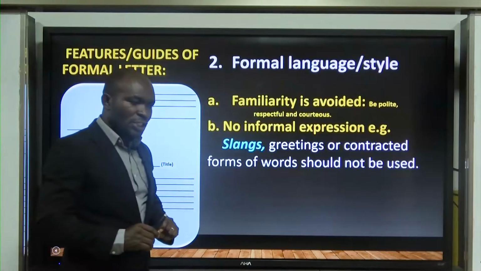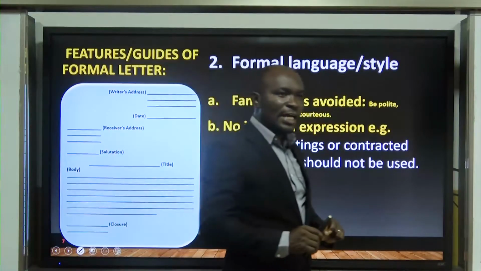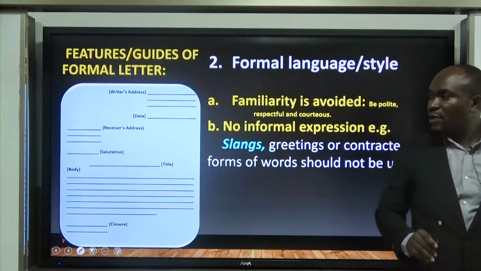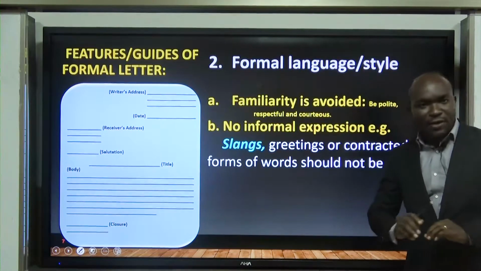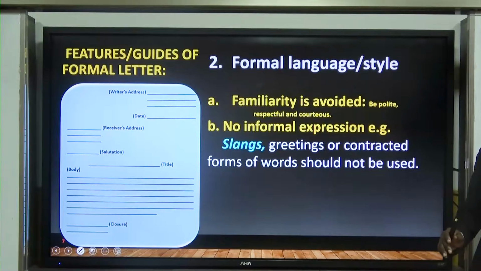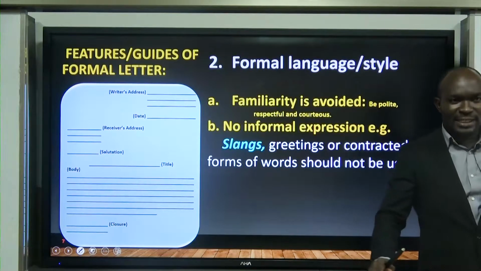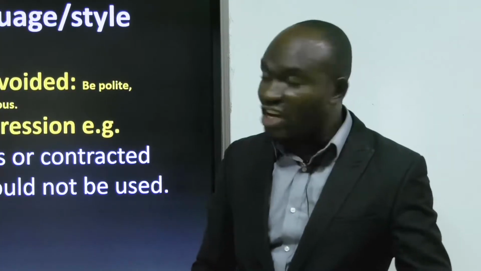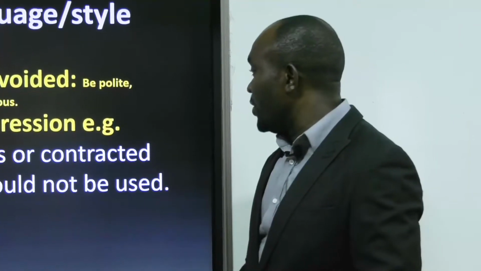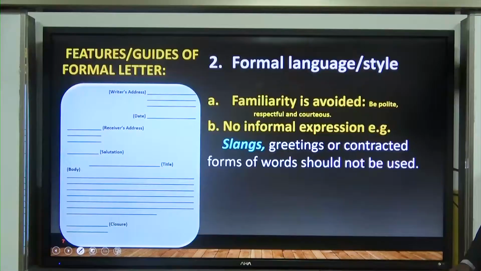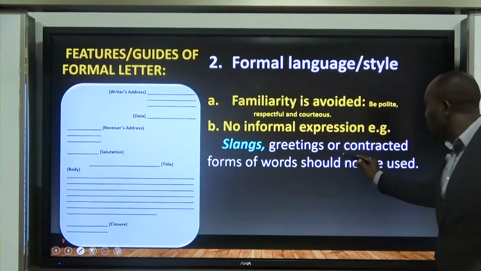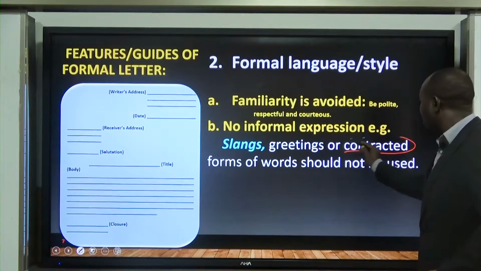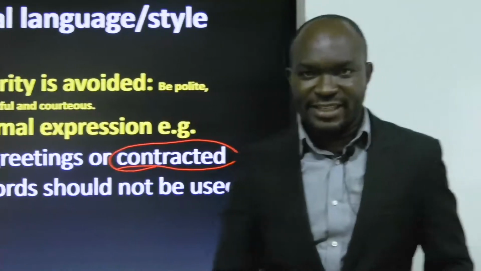Also very important in writing your formal letter is that you have to be what? No informal expression. You must avoid slangs. Greetings, okay, is allowed. Like we say, dear sir, that's a registered salutation or greeting. And then you must avoid contracted forms. You don't say isn't.